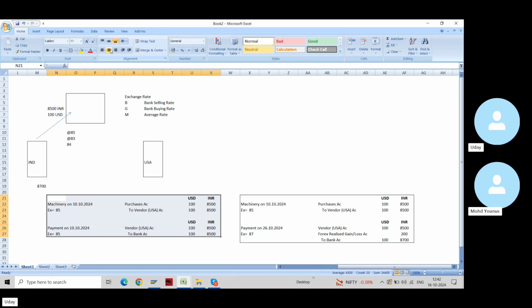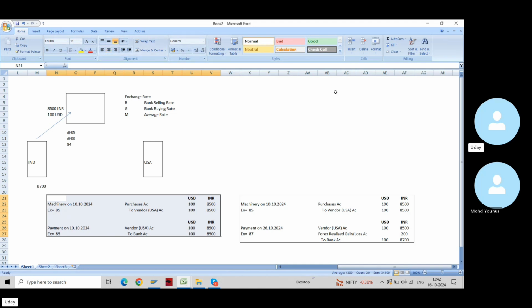It depends on the exchange rate only, not the date. For example, if it is 85 on 10th and also on 26th, you won't have any gain or loss.